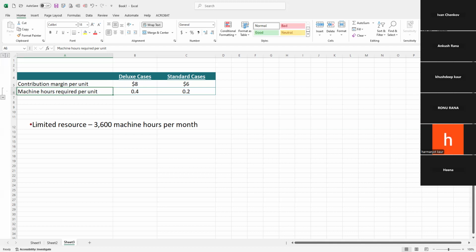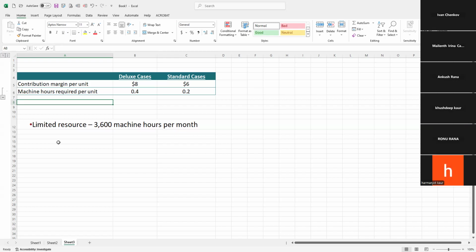The question is how we're going to calculate contribution margin per hour now. Who's going to help me here? We have to calculate how many items of each one we can do per hour.